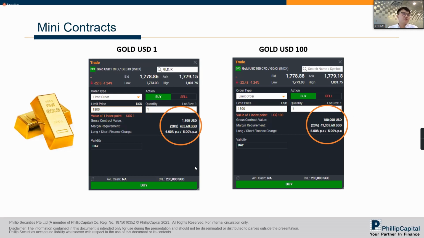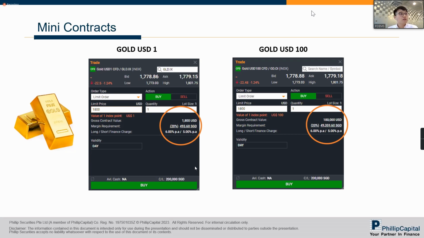So this is an example of mini contracts, using gold as an example. For Gold USD1, the gross contract value is just times 1. Let's say the gold price is 1,800 in the market right now. The lowest quantity you can buy is 1.